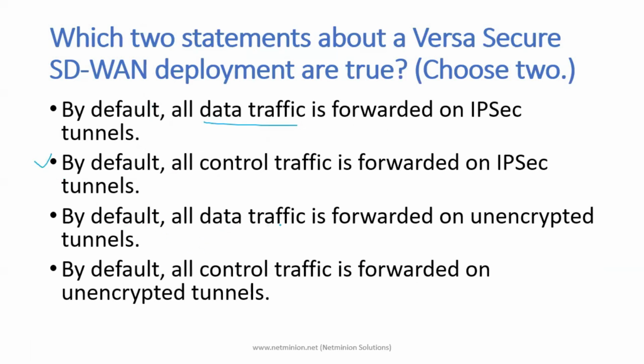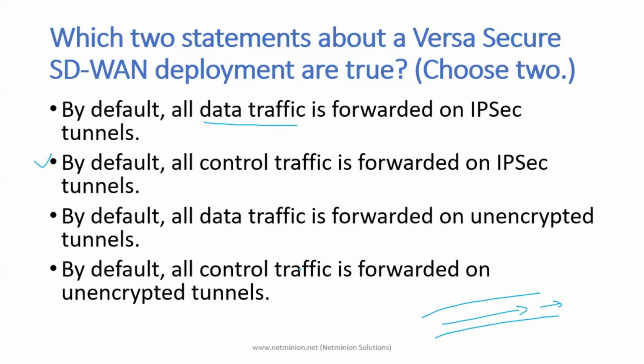By default, all data traffic is forwarded on an encrypted tunnel. Sir, control traffic, we have it. One is plain text and one is ESP, right? No, the control traffic. The second one, control traffic is not true, is it? Control traffic is on IPsec. It's forwarded on an encrypted tunnel. Control traffic will all be on IPsec.